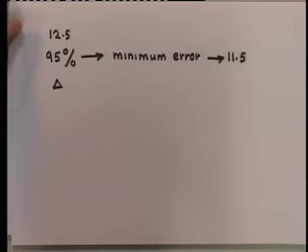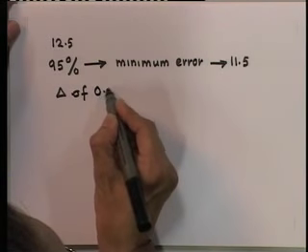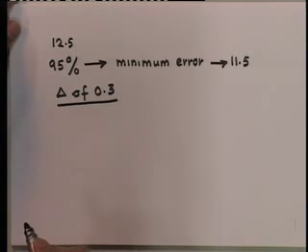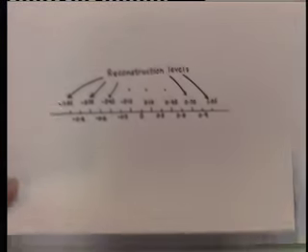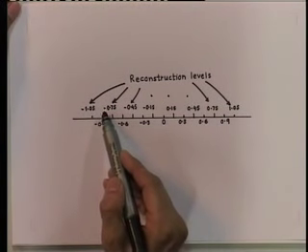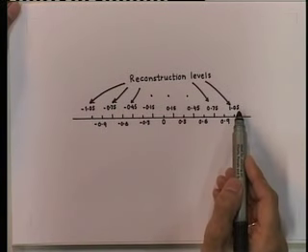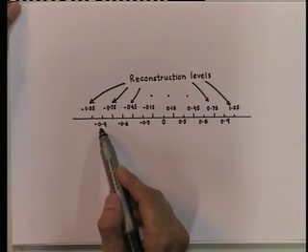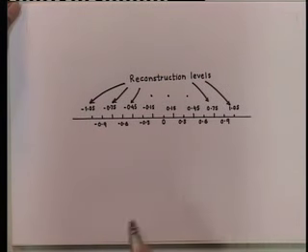So, based on this idea, suppose we pick a step size of 0.3. Now, based on this step size, the reconstruction levels would be as follows: minus 1.05, minus 0.75 up to plus 1.05. These are the decision boundaries, where the extreme ones are minus 100 and plus 100.